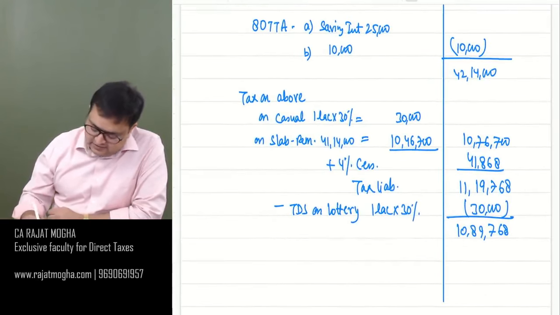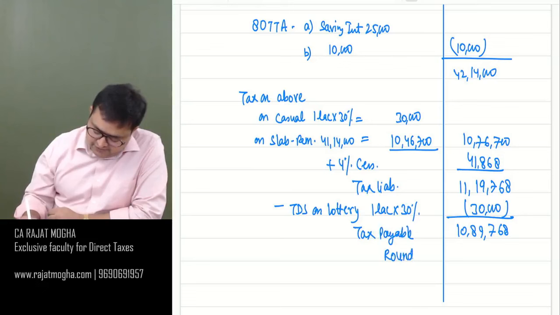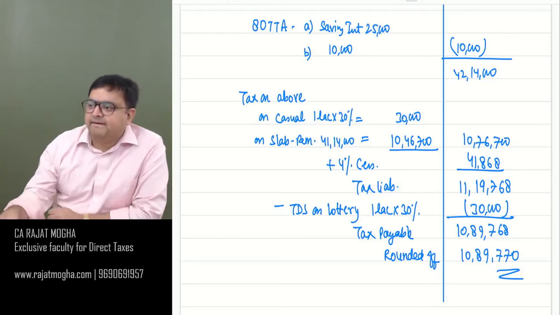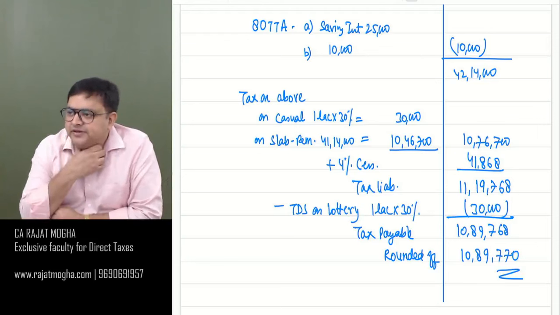This is the tax payable, and now you can round off. Round it off. 10,89,770. Very good. Darshni, Aditya, Raju sir, very good. All done.